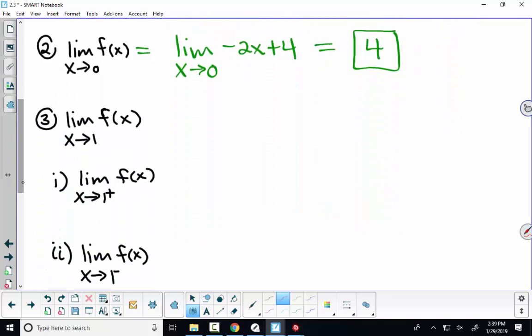Okay. So we've got two different pieces that's going to affect when we approach it from the left and from the right. So in order to determine if the limit as x approaches 1 does exist, we have to look at the limit on the first piece and the second piece before we conclude anything about this limit. So as we approach 1 from the right on that function, what piece do we use?